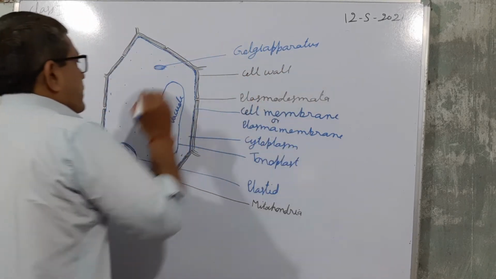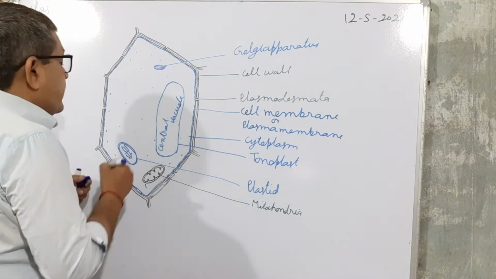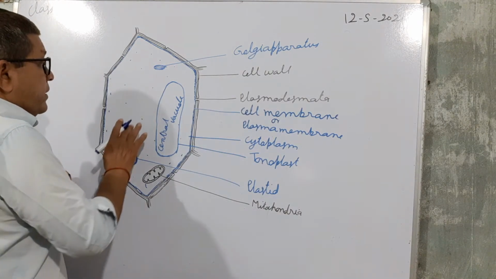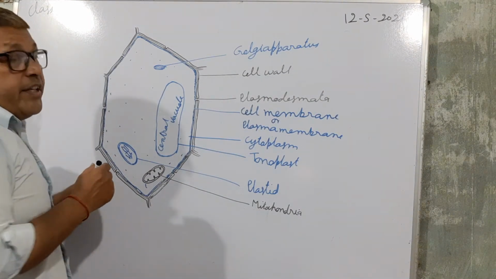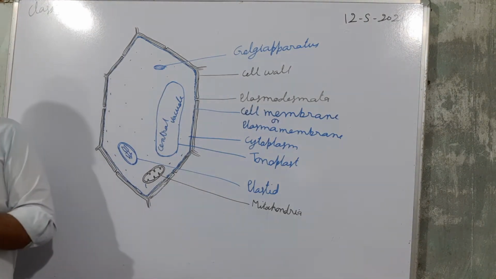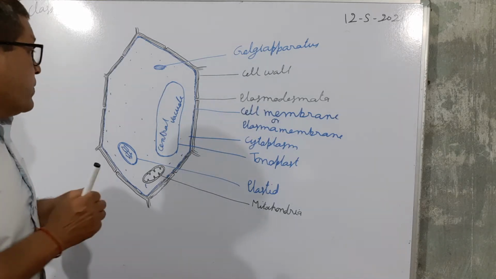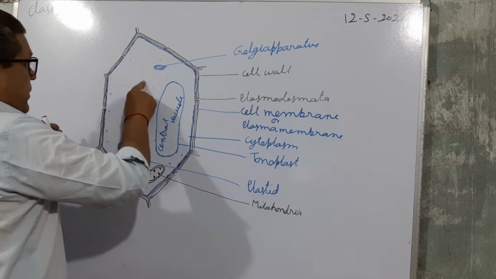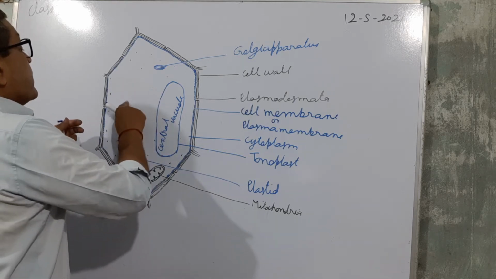This is the Golgi apparatus, and many endoplasmic reticulums. First we have to draw the diagram of the nucleus, then we discuss its parts.